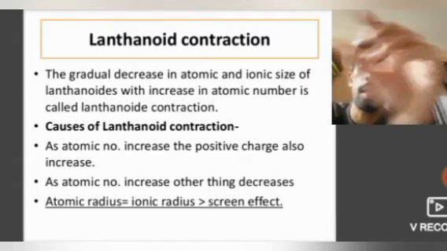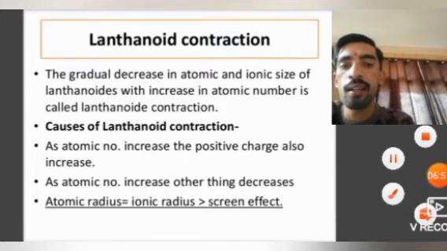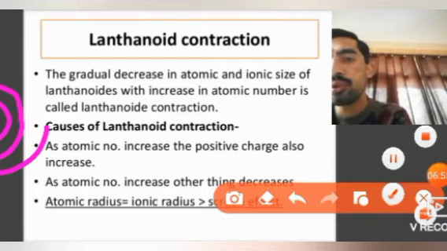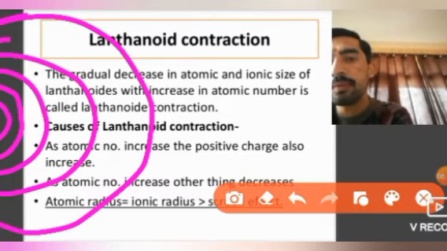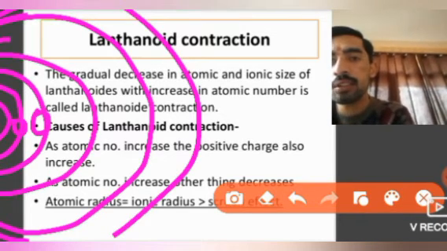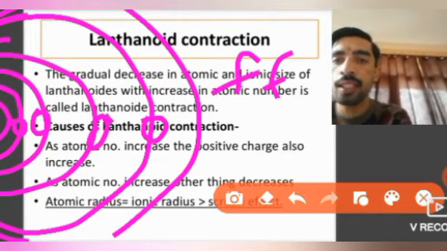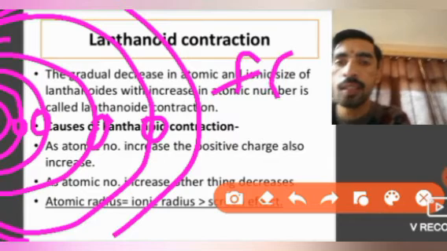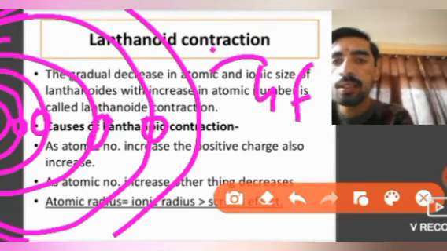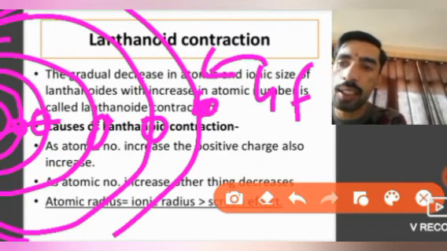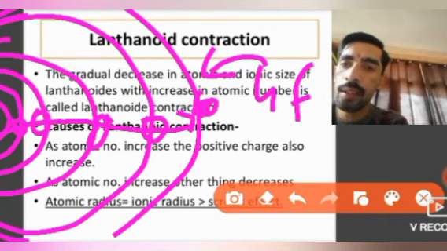And what is shielding effect? It is the effect that is caused from the nucleus. Suppose you know that the number of shells is increasing, so here is an electron, here is an electron, here is an electron. So if in 4f there is an electron, suppose this is 4f, this is the shell of 4f electron, so each electron is shielding the nuclear charge to this electron.